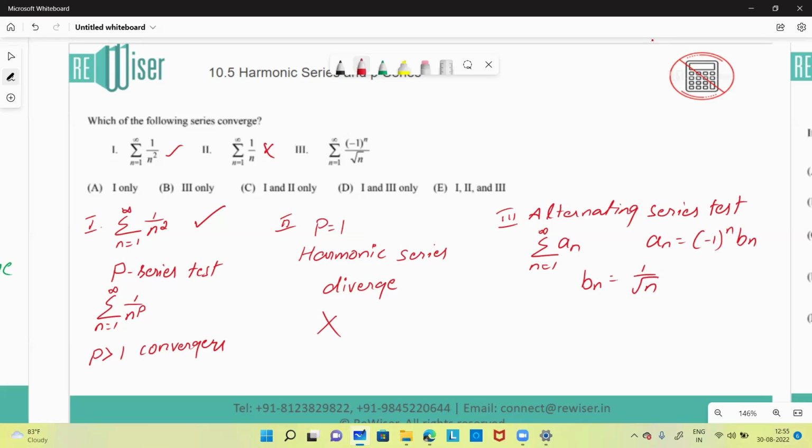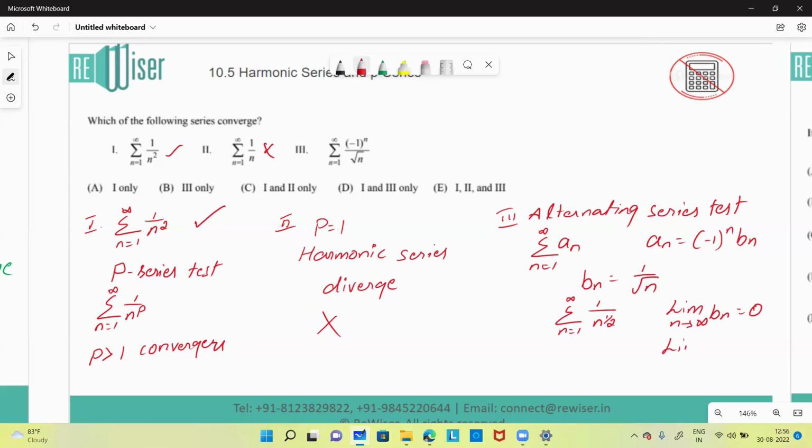If I want to check this, I have the summation of n equals 1 to infinity of 1 over n to the power of half. Now, in order to check this, we don't have to check it with the p-series. What we have to do is check whether the limit as n tends to infinity of b to the power n is 0 or not.